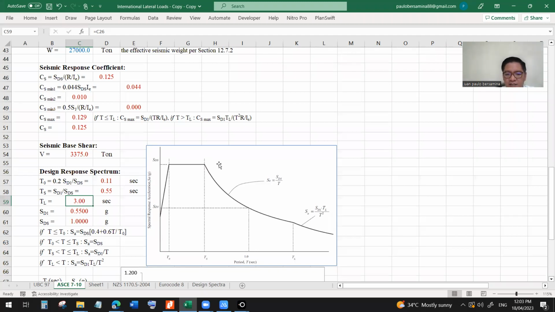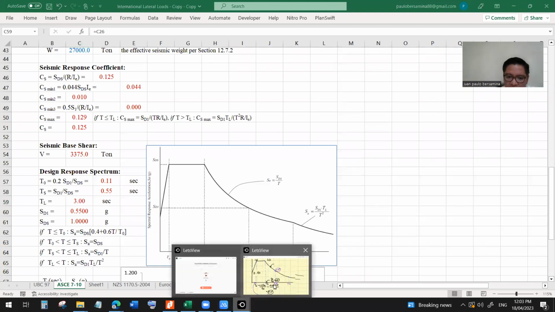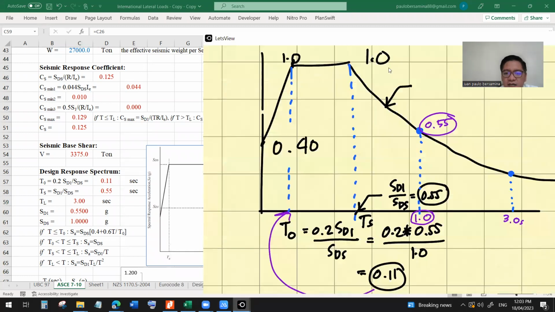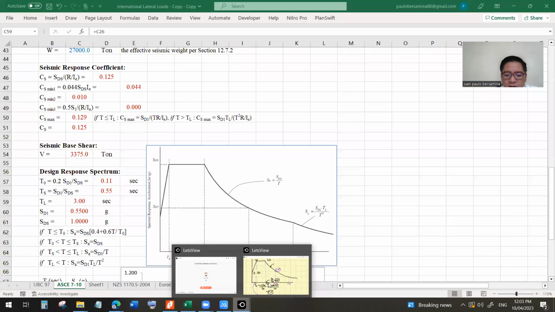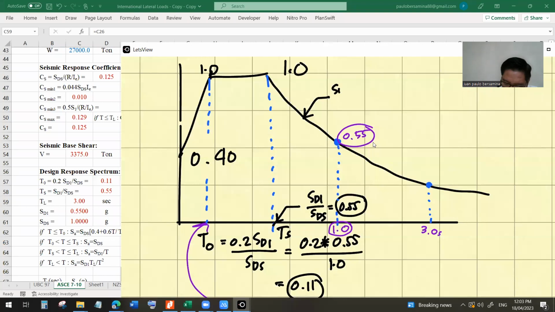Anyway, yung slope niya is pag kinonect nyo yung slope niya, continuous, no? And by the way, yung value niyan is SD1 over T. Oops, sorry. SD1 over T. Yan yung formula. Naalala nyo ano yung formula niya sa UBC? CV over T. Yan naman siya.